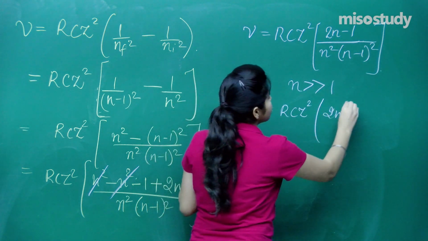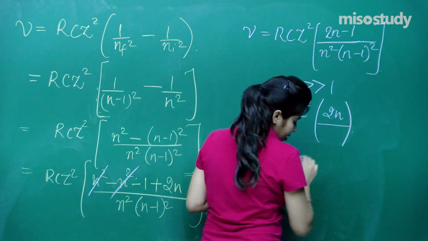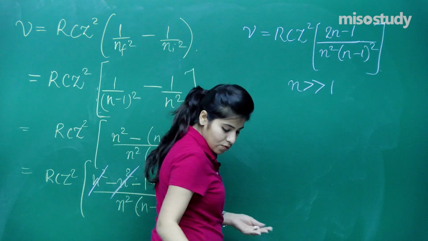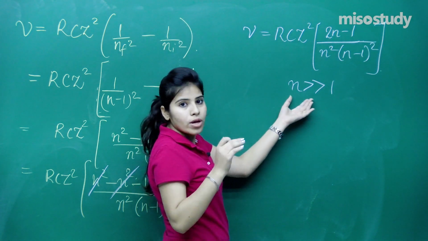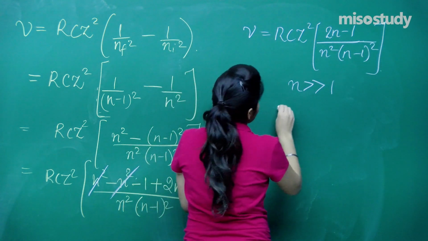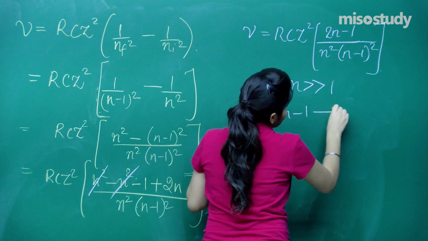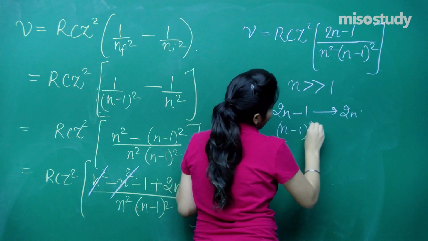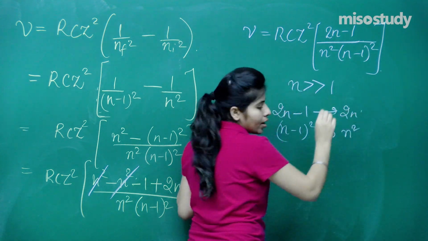So we write nu equals RC(Z) square into 2n, ignoring this 1, divided by, okay, let me first write it. If we apply this situation, this 2n minus 1 will be converted to 2n and this (n minus 1) whole square will be converted to n square.